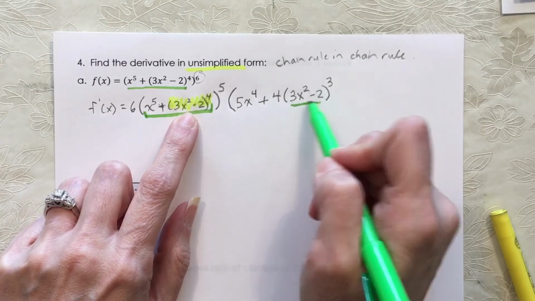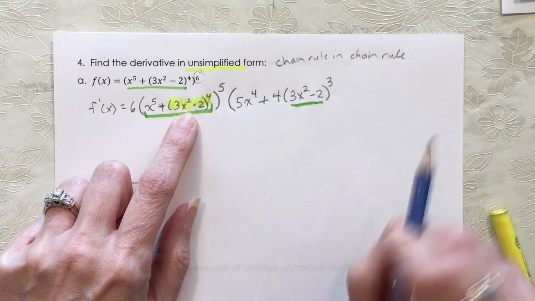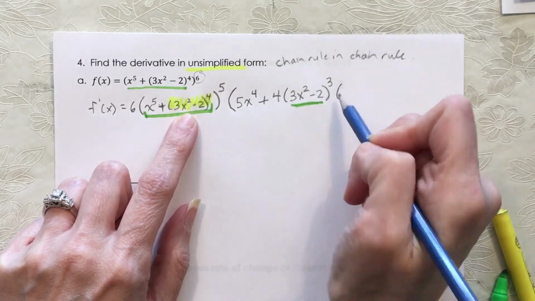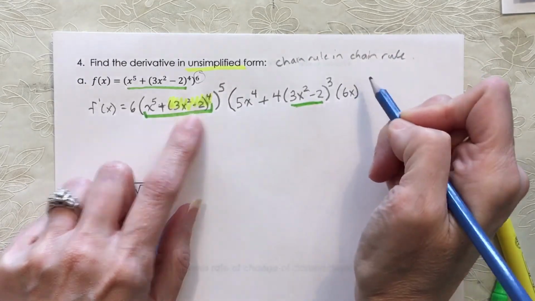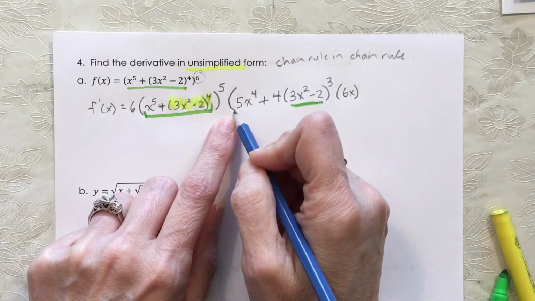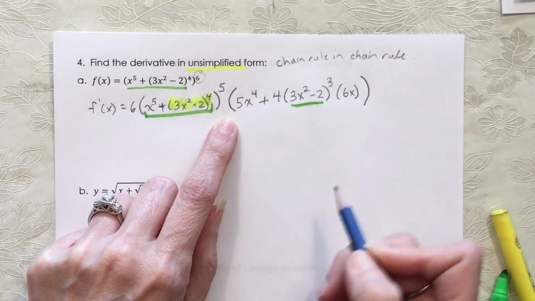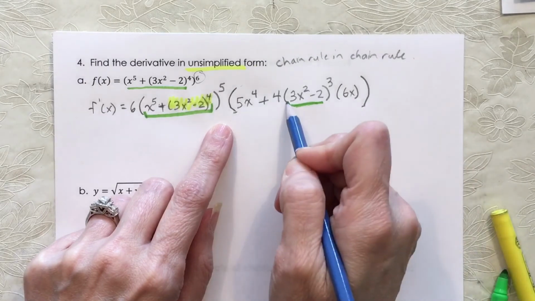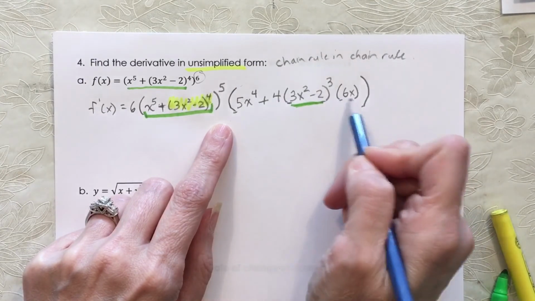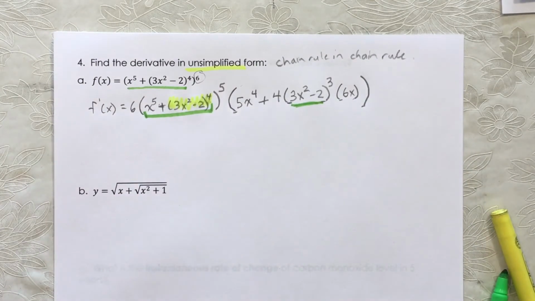We need to multiply that by the derivative of what's inside here. So the derivative of 3x squared is 6x. And then, here's my big opening bracket and my closing bracket. So open, close, open, close, open, close. And that's why they say not to simplify it, because there's just a lot going on there. But that is your derivative.